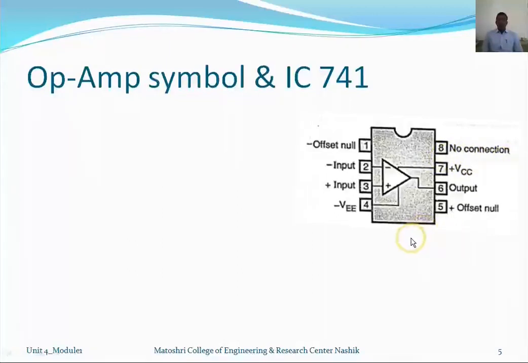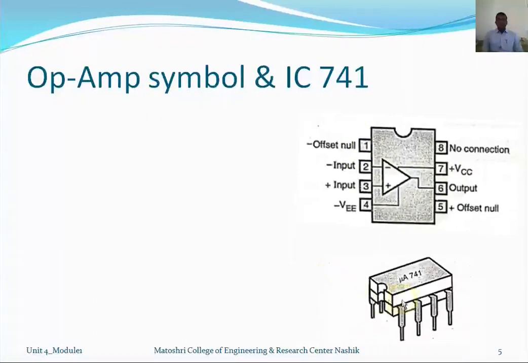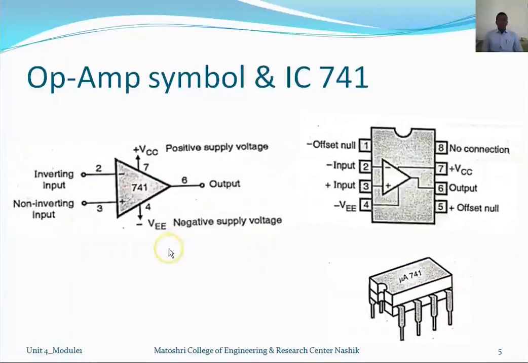In our upcoming slides we will study in detail all the input terminals as well as the output terminal of the IC741. This is the physical appearance of the IC741 8-terminal IC. This is the circuit symbol of the operational amplifier IC.